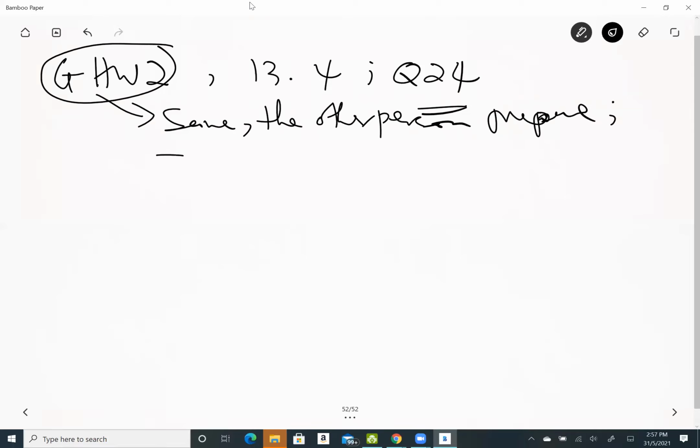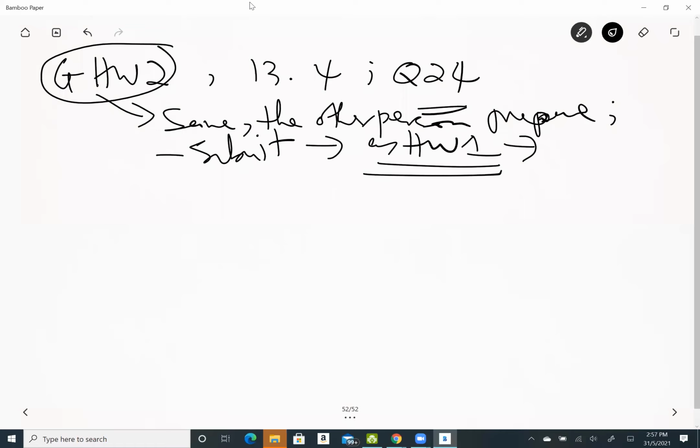Now the submission: submit as the first homework. That means the person who submitted the first homework will submit the second homework. Same person, so that I will have the same order of your group. It'll be easier for me. If the other person submits, the order may be different.